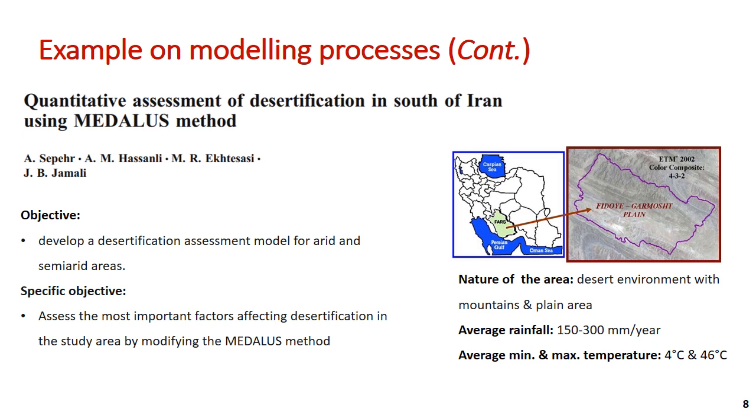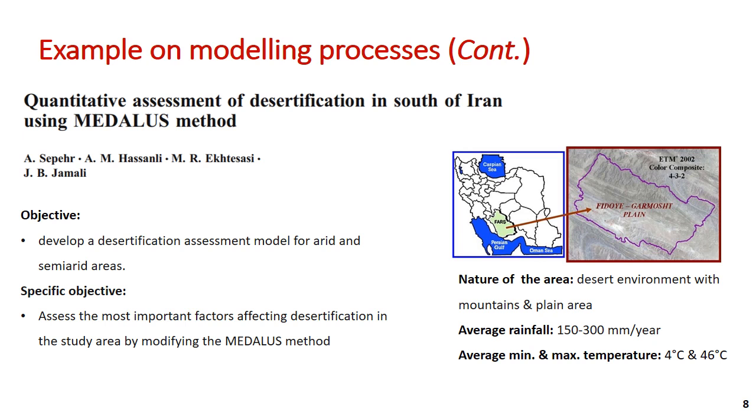This area is characterized as a desert environment with mountains and plain areas, and the average rainfall ranges between 150 and 300 millimeters per year. The average minimum temperature is 4 degrees, which is really cold, and the maximum temperature is 46. So we can see the variation and the nature of the study area.